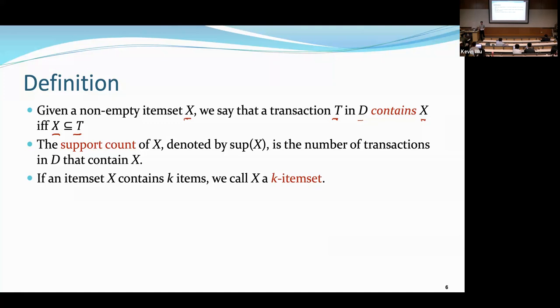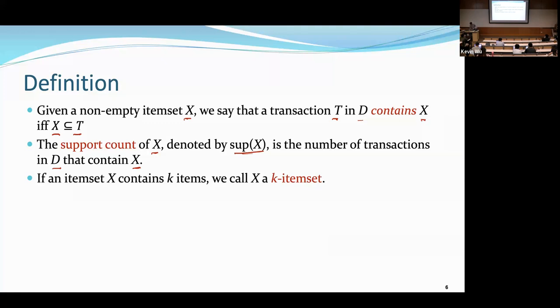In this case, we say that the transaction supports, or contains, the item set X. Now, the support count of an item set X, denoted by SUP(X), or sup X, is the number of transactions in the data set D that contain the item set X. So we count how many transactions in the data set contain X, and that's the support count of the item set X.